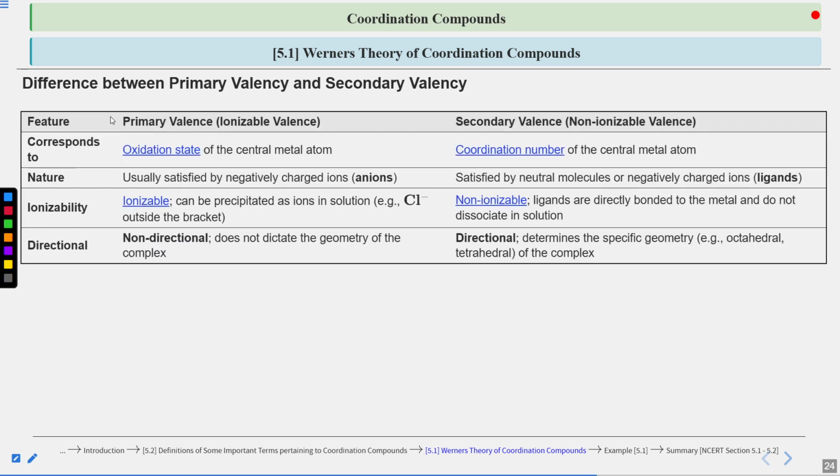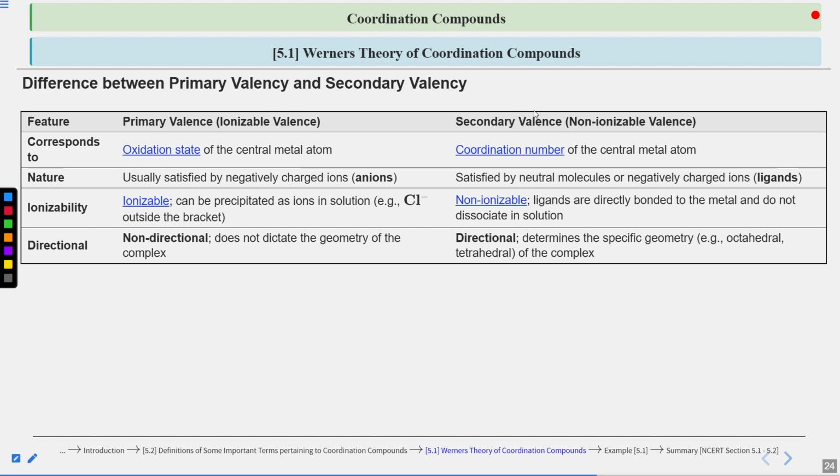So between the primary valence and the secondary valence, the feature is, first of all, we will talk about what it corresponds to. The primary valence corresponds to the oxidation state of a central atom, and secondary valence corresponds to the coordination number of the central atom. Okay, so if you know the central atom or ion's primary valence, which is ionizable valence, then that is equal to its oxidation state.